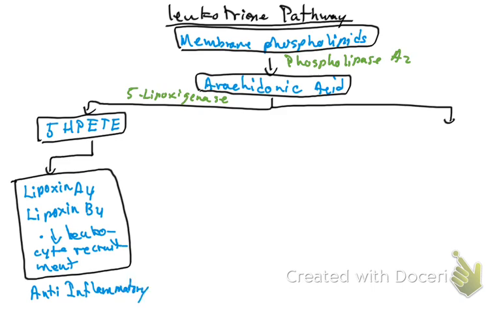Got it? Now the thing doesn't stop here. The other path from 5-HPETE is called 5-HETE, leukotriene B4.